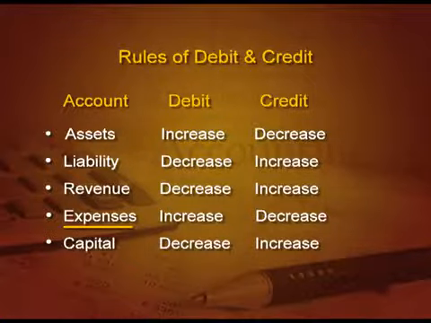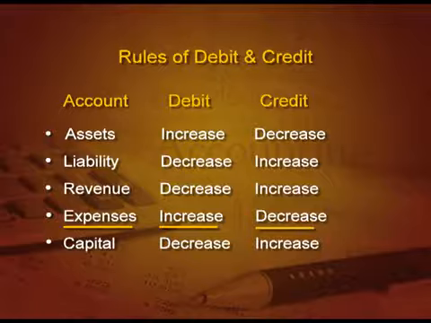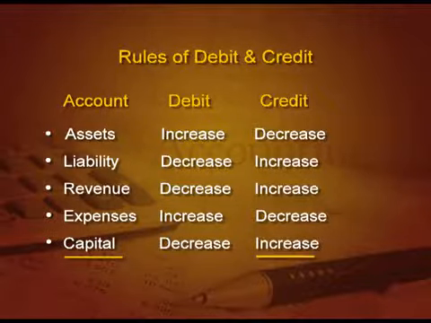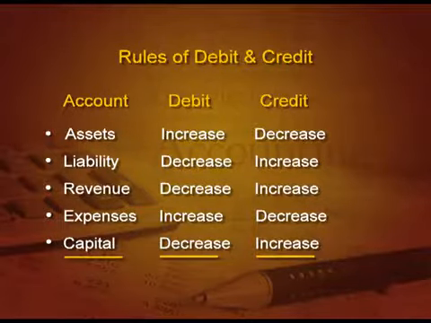Expenses, increase debit, decrease credit. And capital, again increase credit and decrease debit. Now, how to remember all these things? Those things which have a debit balance will always increase when debit and will decrease when credit.